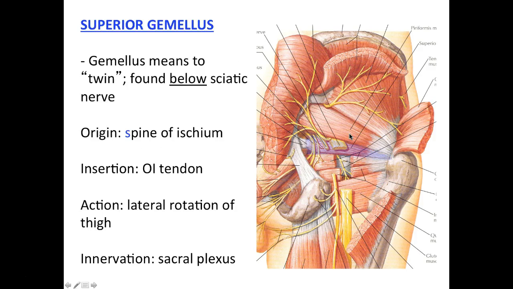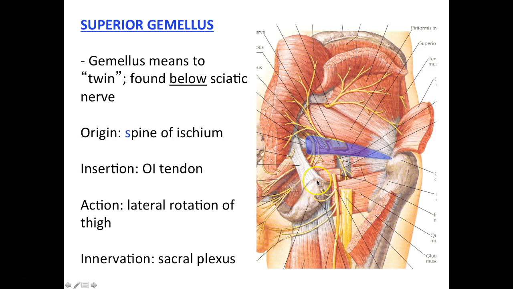Next we have superior gemellus, and gemellus means twin. And the reason for this is we are going to talk about another muscle in a moment called inferior gemellus, so that's its other twin there. And this muscle is found below the sciatic nerve. The origin is going to be the spine of the ischium, and its insertion is the OI tendon.